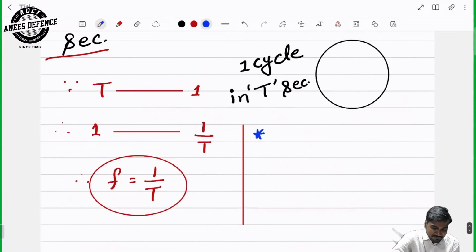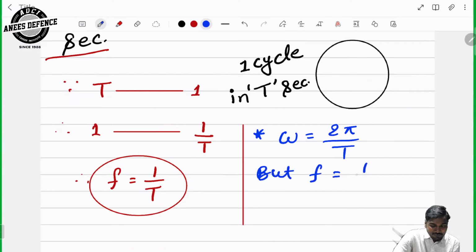Listen. Omega is equal to 2 pi by T, right? But frequency is 1 upon time period.